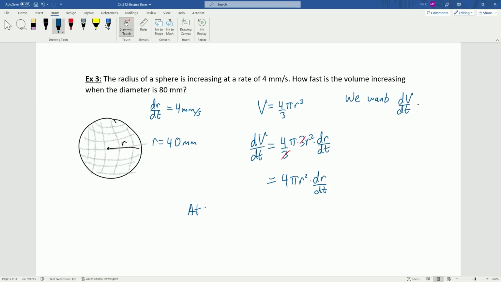So that means at the time when r is equal to 40, our dV/dt is going to be equal to 4 pi times 40 squared times 4. And again, this is the rate of change of the volume, so we're talking about millimeters cubed per second. So 4 times 4 is 16. So we'll say 16 times pi times 40 squared, which is going to be 1600.